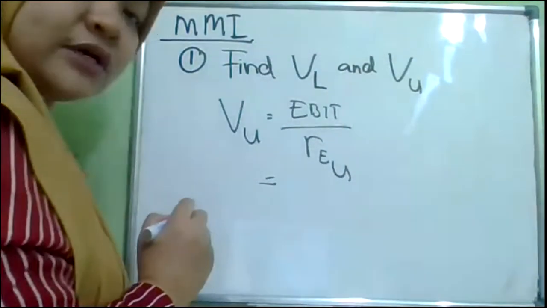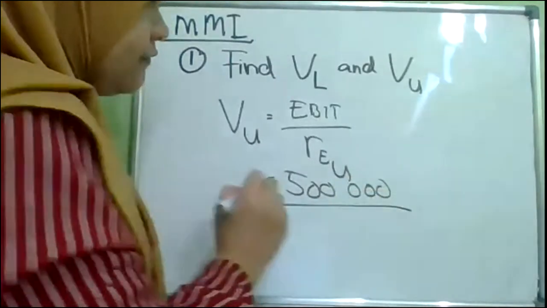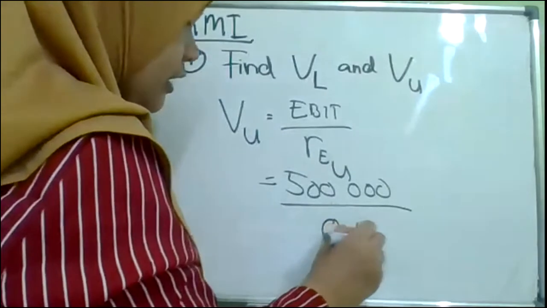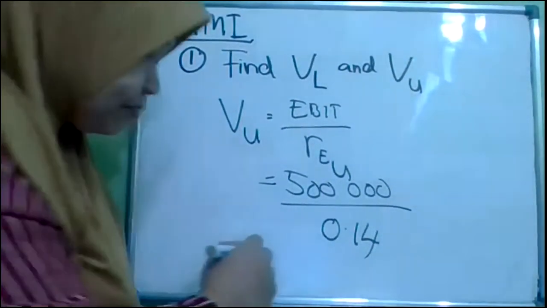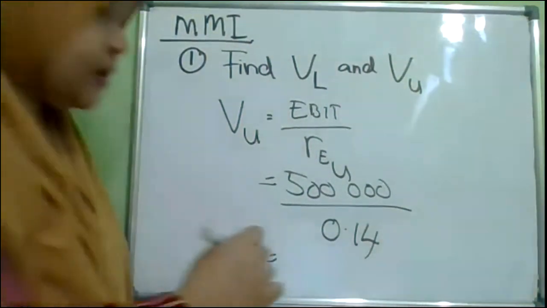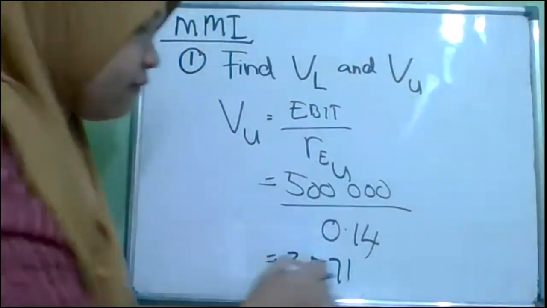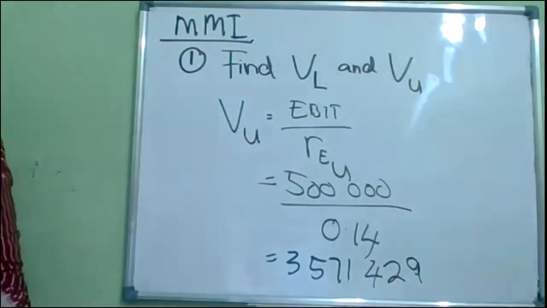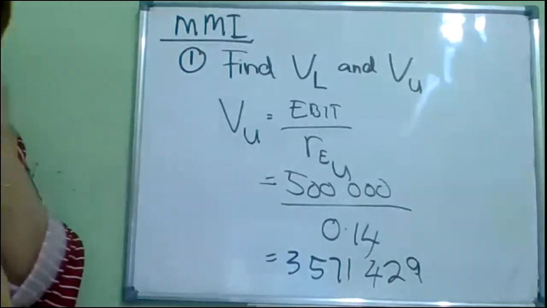So 500,000 divided by 0.14 because it is 14%. The answer is 3,571,429. This is the value of the unlevered firm.